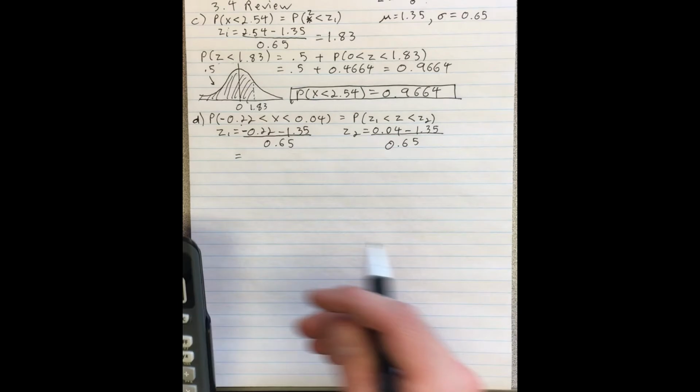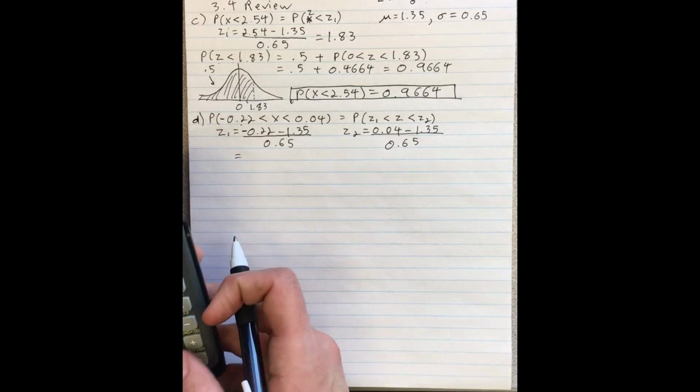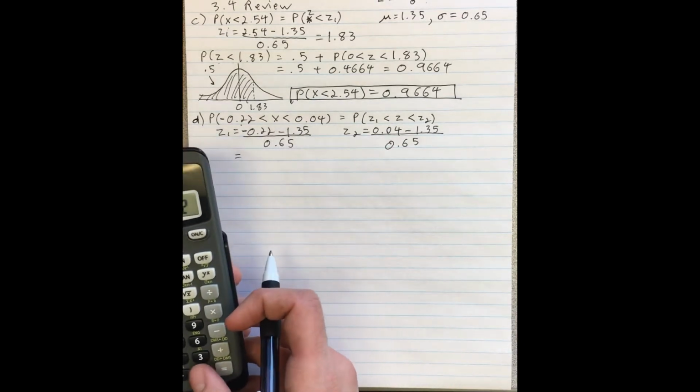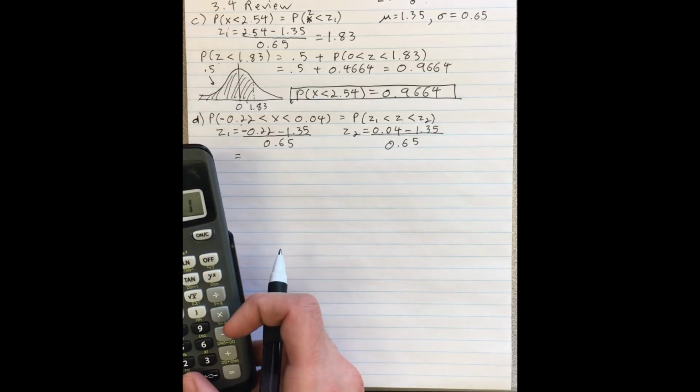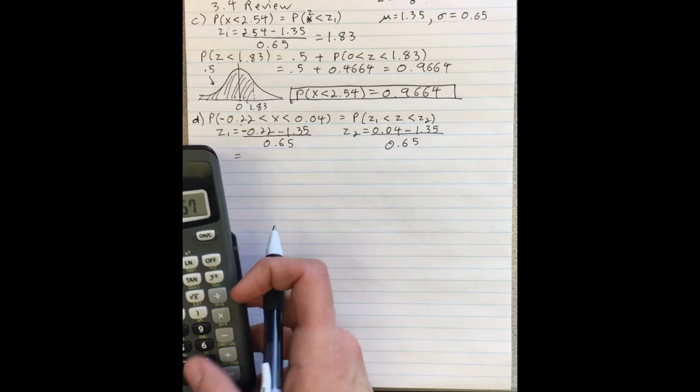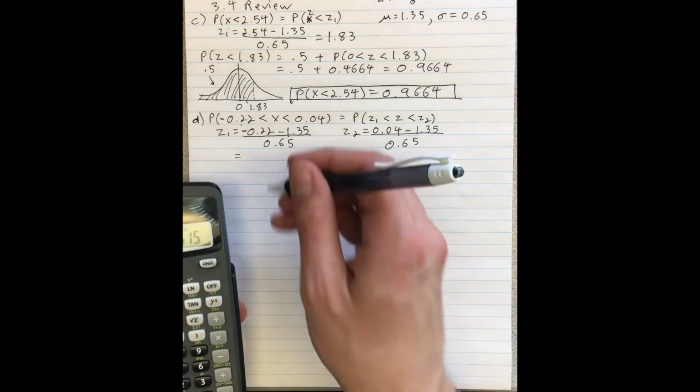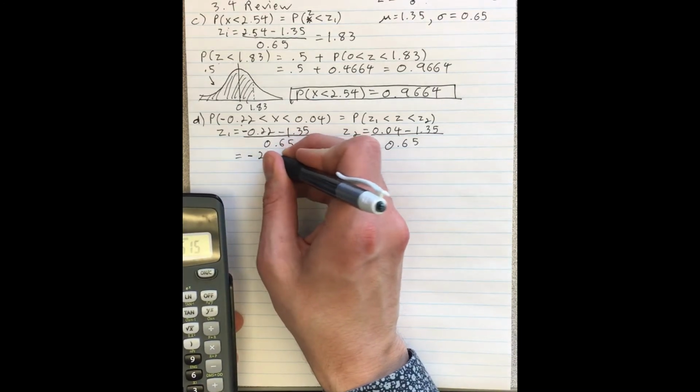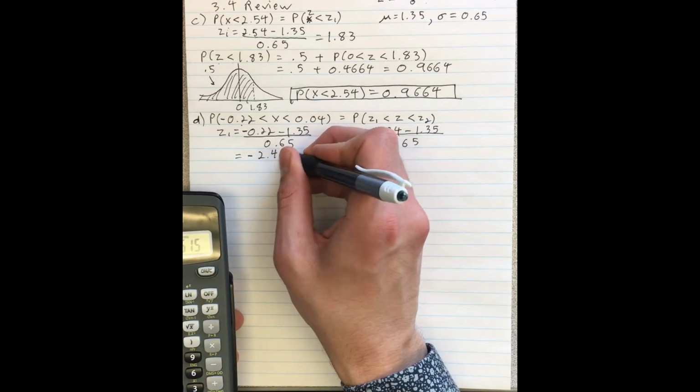So we have negative 0.22 minus 1.35. I'm going to divide that by 0.65, and I get negative 2.42.